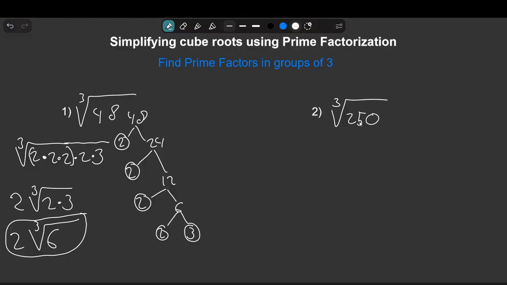So we need to take a look at the prime factorization of 250. Let's go to the side here a bit and take the 250, and I'm going to start with the factors 2 and 125, like this.